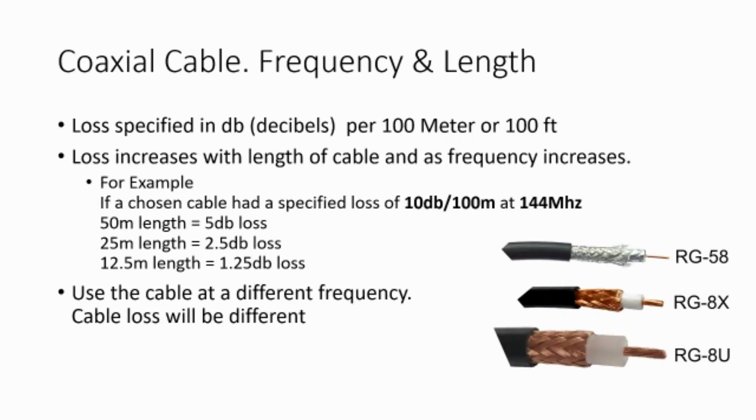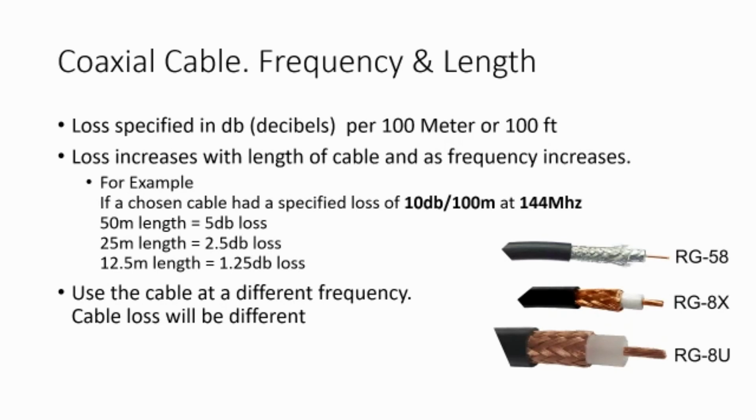Mentioned earlier on that coax cable is not a perfect conductor. It has loss, and that loss increases with the length of the cable and as the frequency increases. So for example, if we had a chosen cable that had a specified loss of 10 dB per 100 meters at 144 megahertz, and we needed a 50 meter length, we would have 5 dB of loss in that cable.